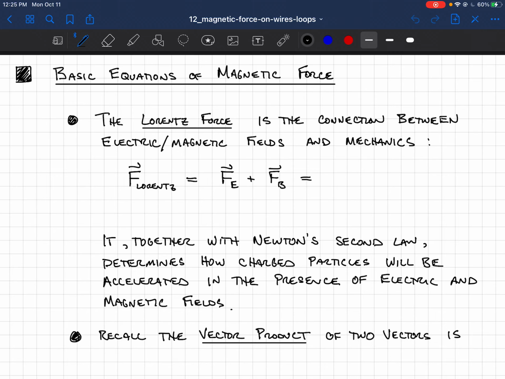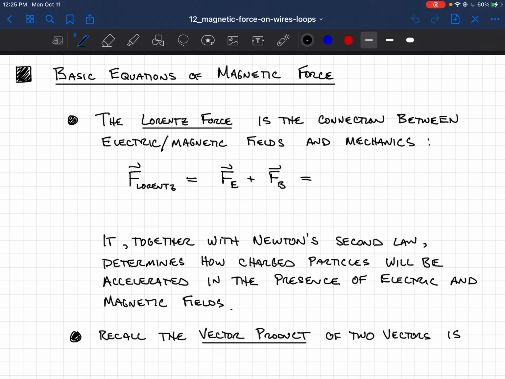But the connection between electromagnetism and Newton's laws, mechanics, comes from a force, and that is the force that electric fields exert on charged particles and the force that magnetic fields exert on charged particles. So together with mechanics and the Lorentz force, Maxwell's equations will give us this complete theory of electromagnetism.